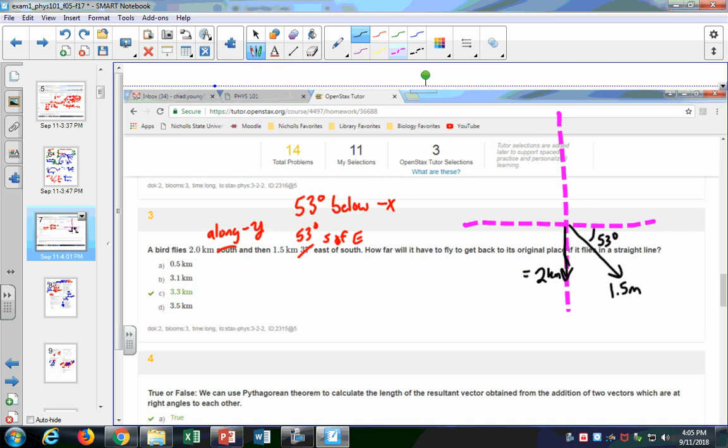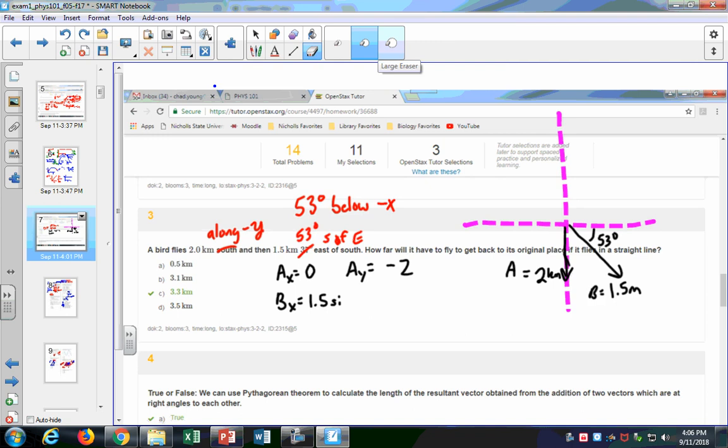All right, let's call this vector A, and we'll call this vector B. AX equals 0. AY equals -2. It's negative because it's along the negative y-axis. And BX is 1.5 cosine of 53.